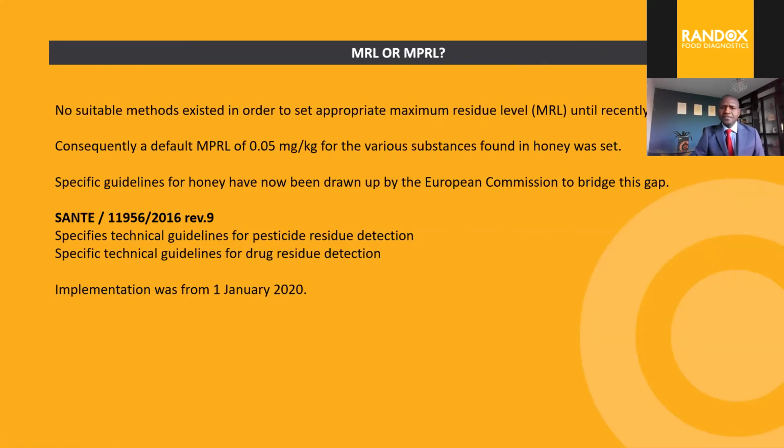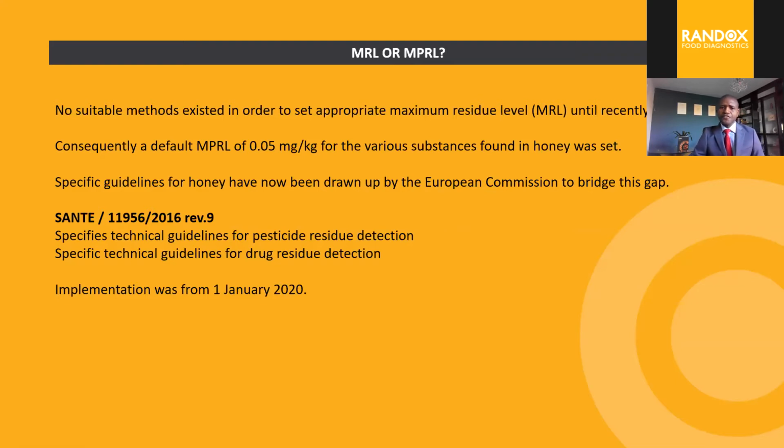But specific guidelines for honey have now been drawn up, and if you look at SANTE 11956 of 2016, this was projected to be implemented in January of this year.